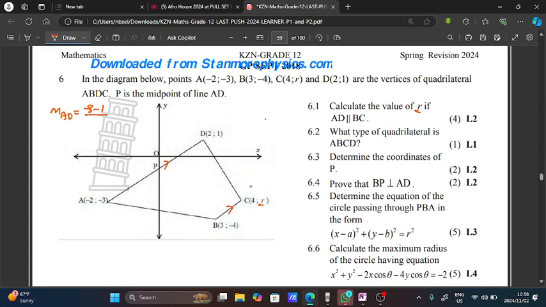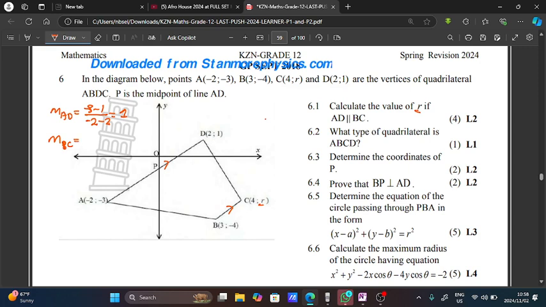What are you getting? -2, -2. So you're getting +1. So now what is the gradient of BC?